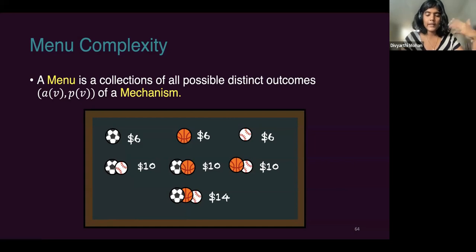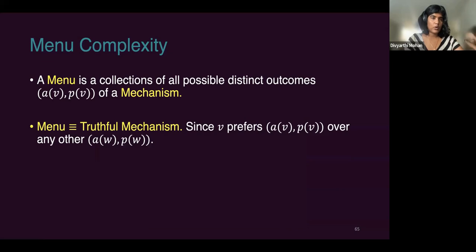Okay, so it turns out a menu is equivalent to a truthful mechanism. That is, if I give you the list of all possible options and ask the buyer to choose from it, it's equivalent to running the truthful mechanism and outputting the corresponding allocation and price for this particular buyer. And this is just because of incentive compatibility, or truthfulness, right?